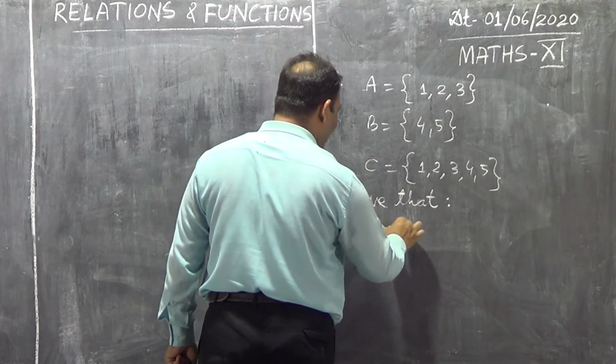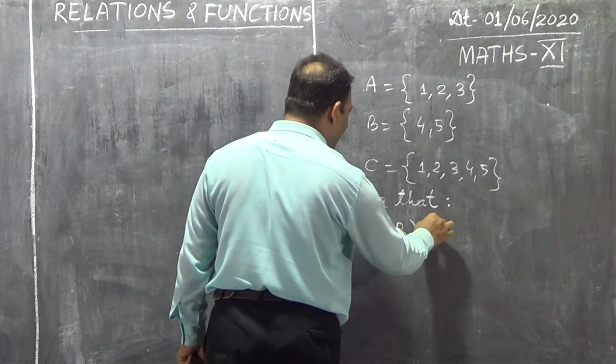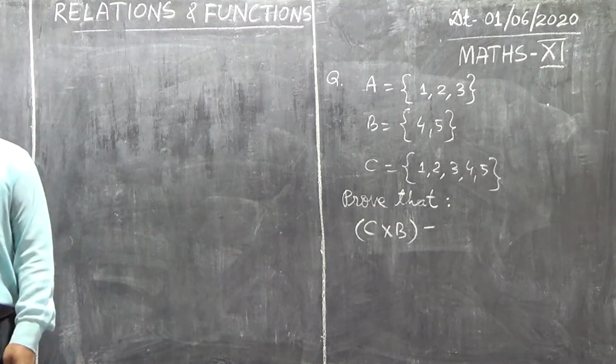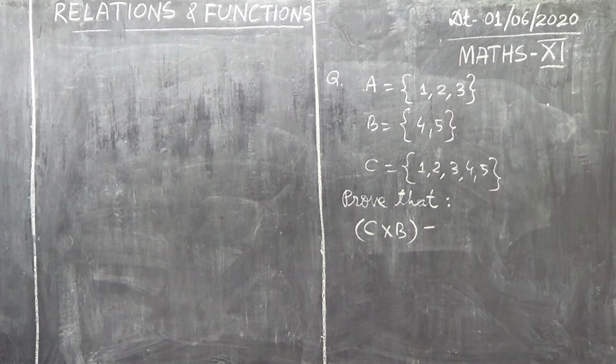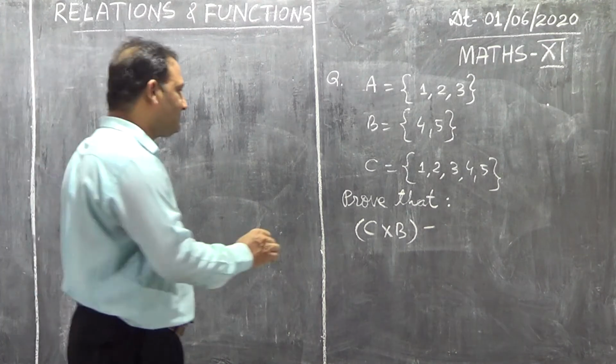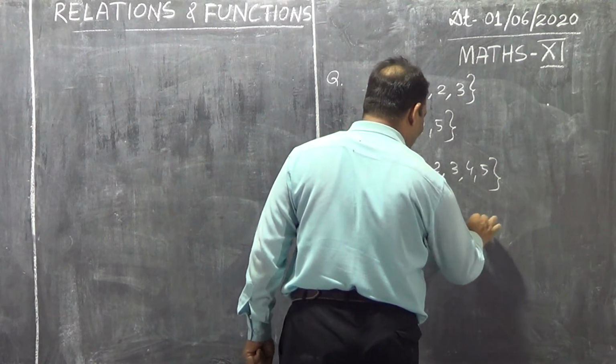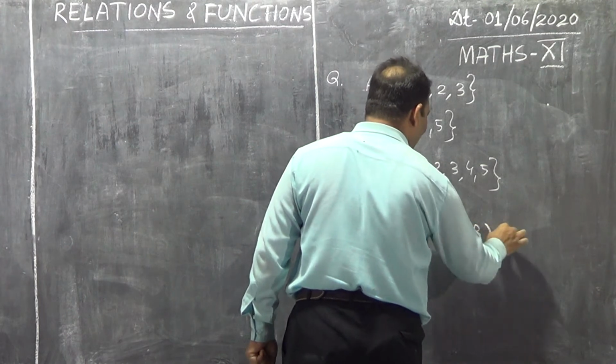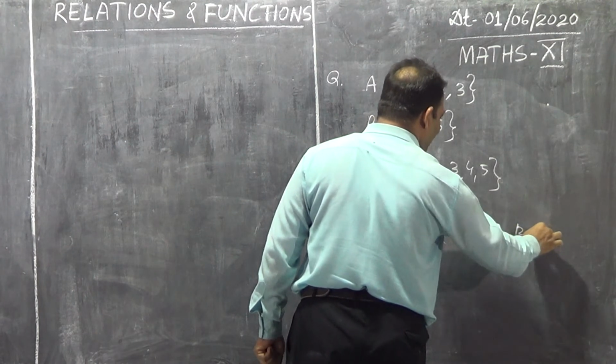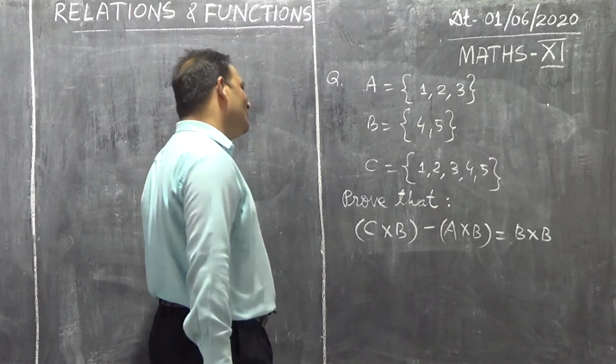C cross B minus A cross B equals B cross B. So it is asking us to prove this.